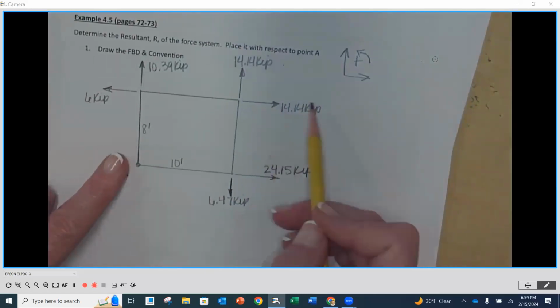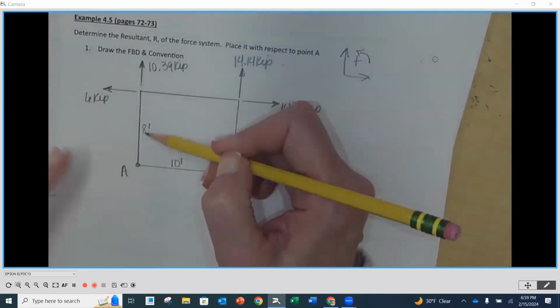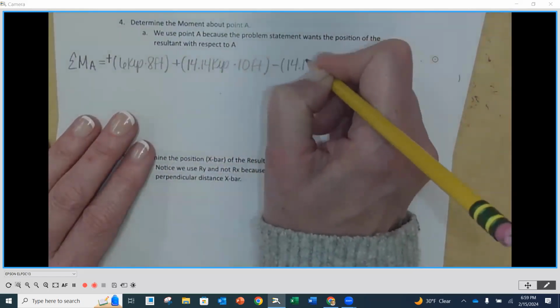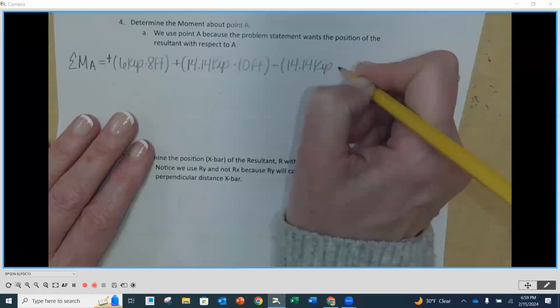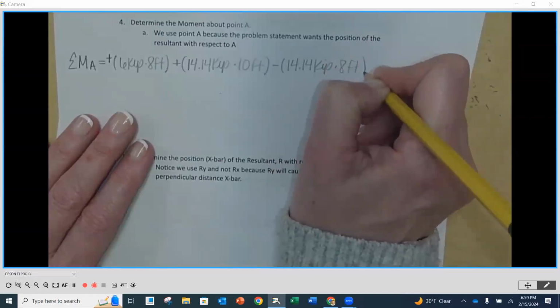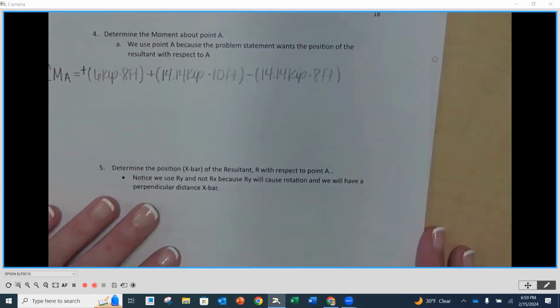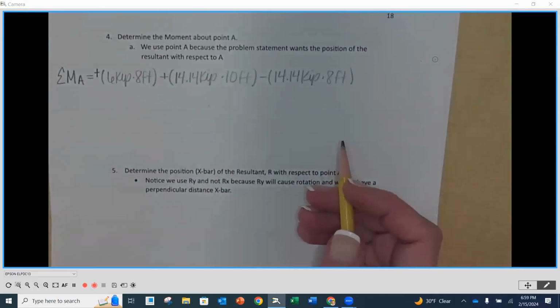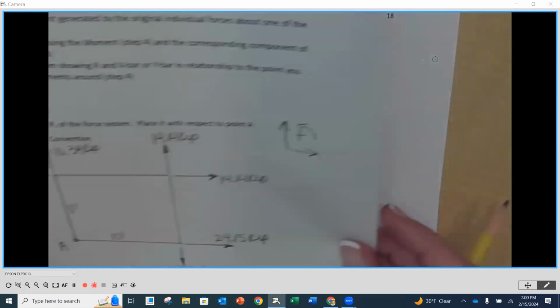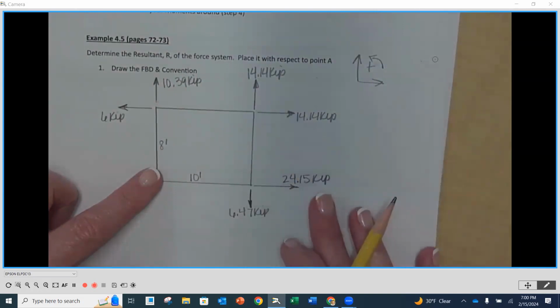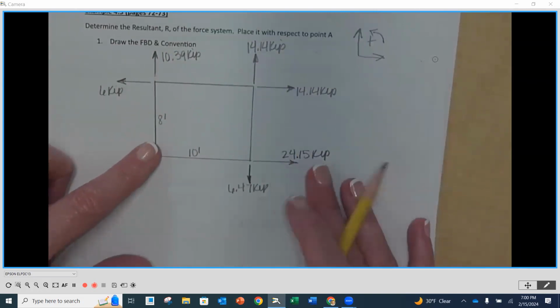So it's going to be negative 14.14 times 8. So that's those two.